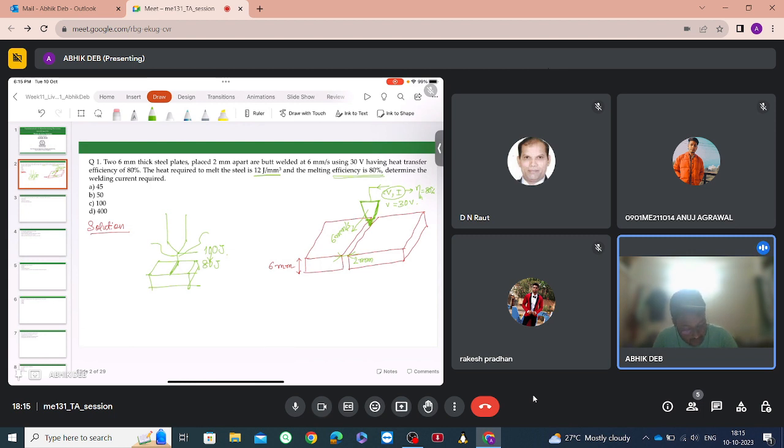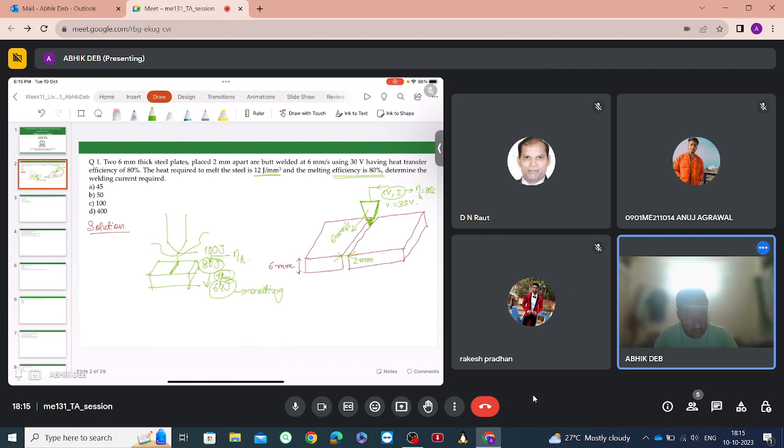Now this is the heat transfer efficiency, and this 80 joule will not all take part in the melting operation. Only 80% of it, that is 64 joule, will take part in the melting of the base metal. That is the melting efficiency.